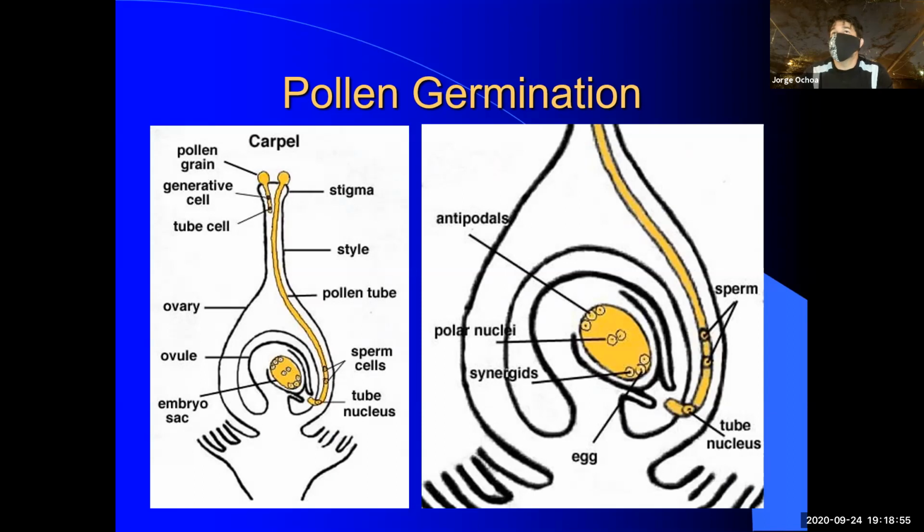Once it's fused with the egg, now the egg is going to be diploid. That's going to complete the genetic material. That will then become the embryo, the baby plant. The second sperm that enters the ovary is going to fuse with the polar nuclei, so those cells that are in the center. Once they fuse with the polar nuclei, that is going to begin to change into starch, and that is going to be the energy reserve that is going to be very important for the seeds to survive and germinate.